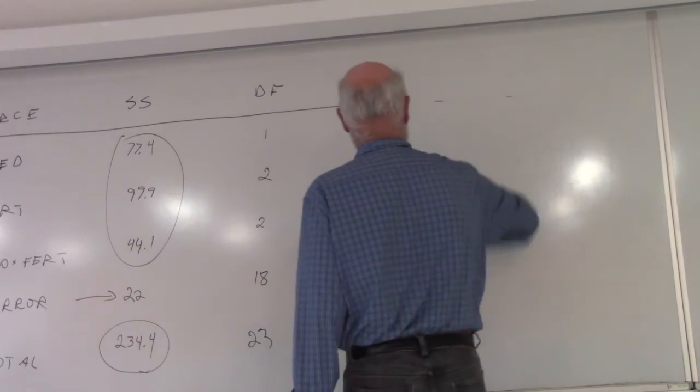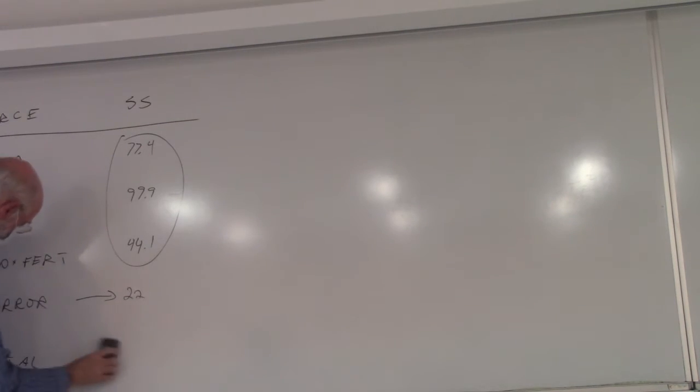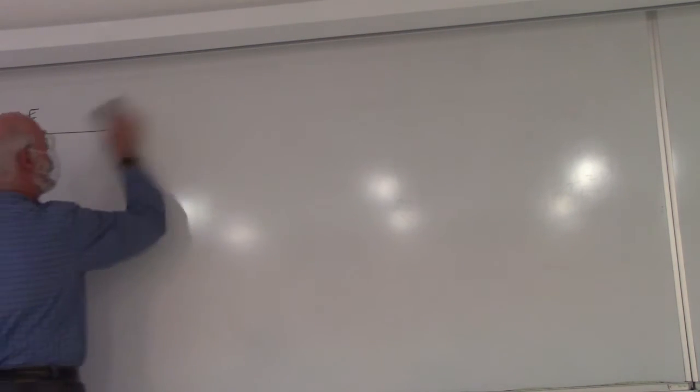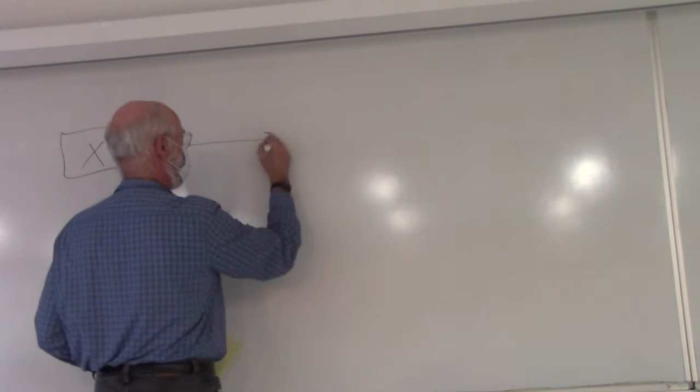I'm going to use an example. It looks something like this. Here's what we're doing. We have some kind of system where we have a variable x, and there's some kind of relationship between variable x and variable y.